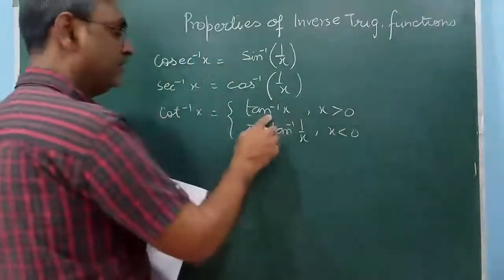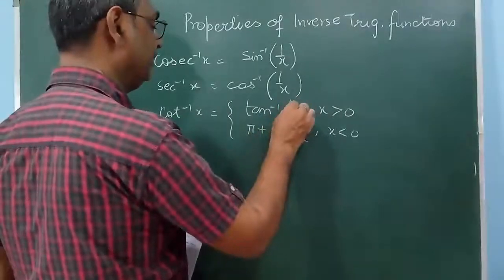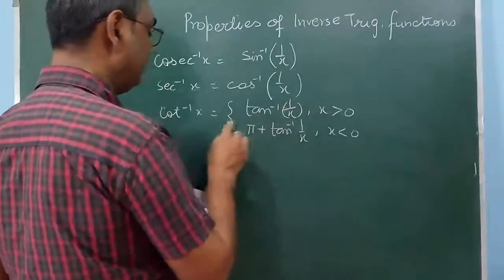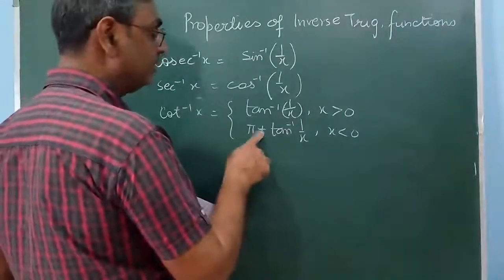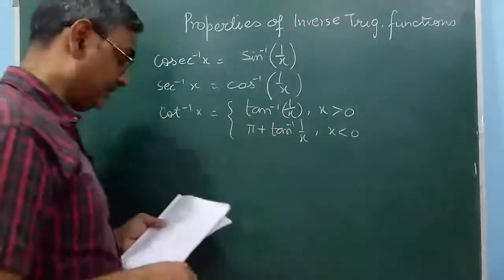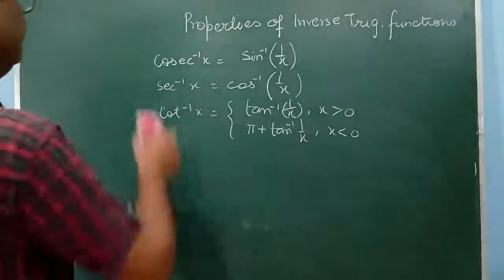Means if the angle is positive, then it can be tan inverse 1 upon x directly, and if the angle is negative, then here we have to put pi plus tan inverse 1 by x.